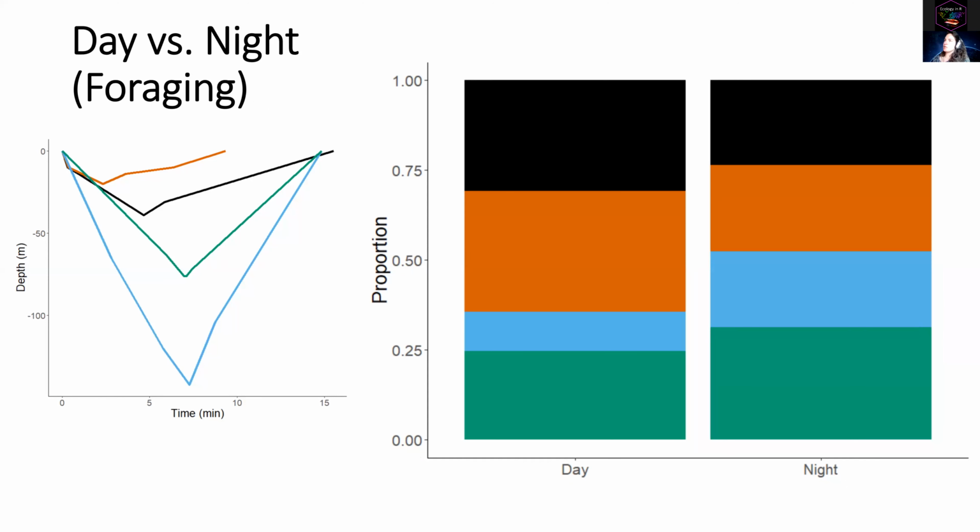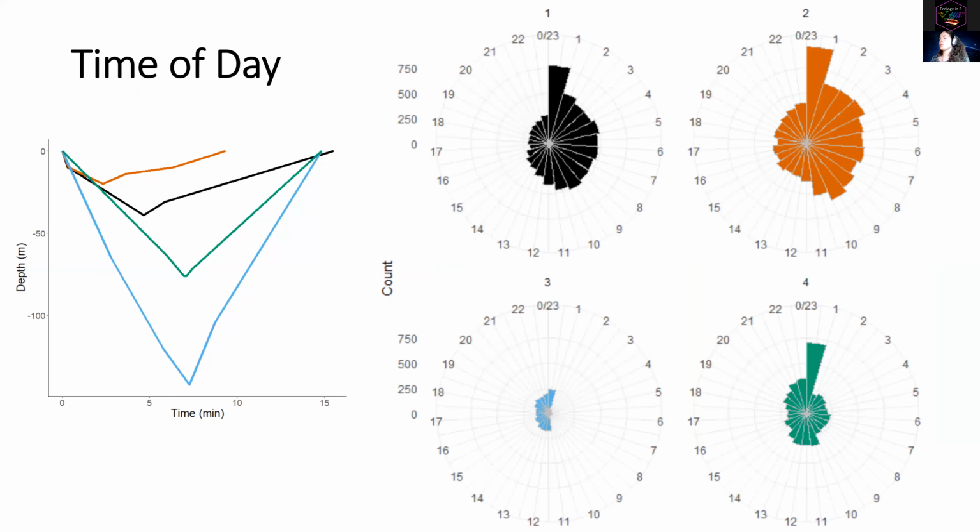Now, this particular categorization is just binning them based on nighttime versus daytime, from a particular time grouping that I chose for what's day versus night, a categorical grouping. You can also group these in a continuous way. This is a histogram plotted on top of a clock face to get an idea of the count of each dive profile for the hours.